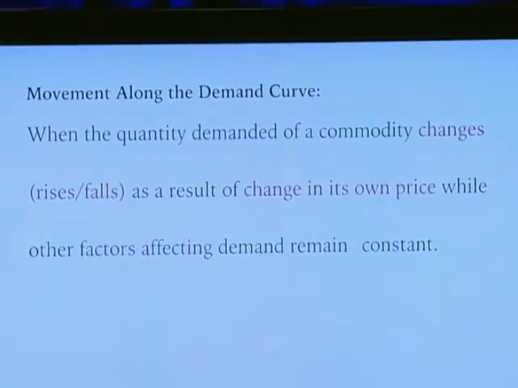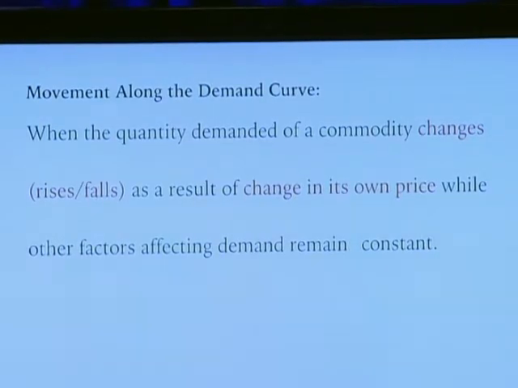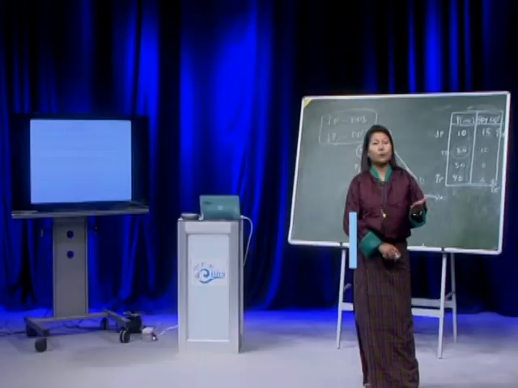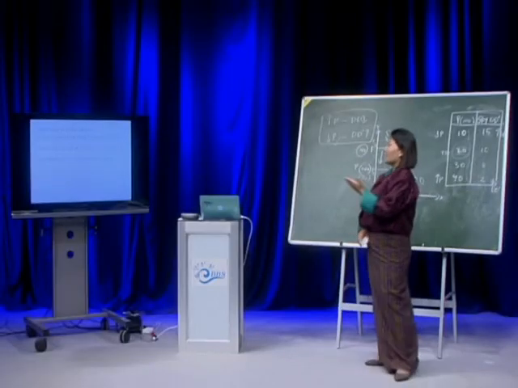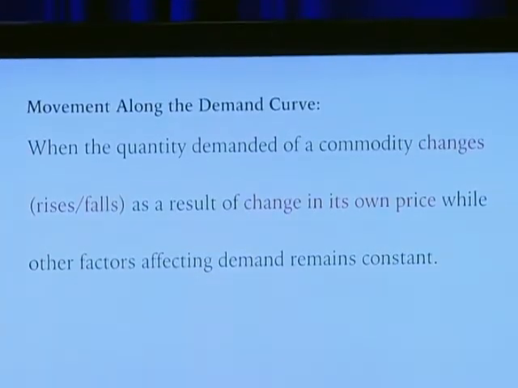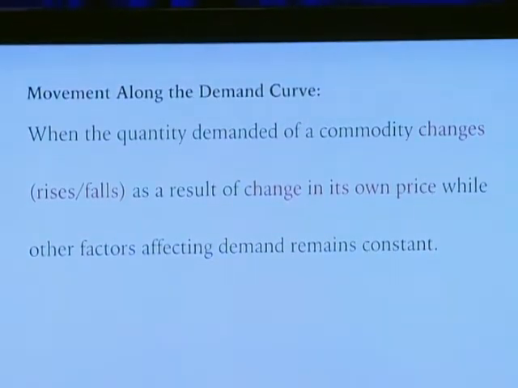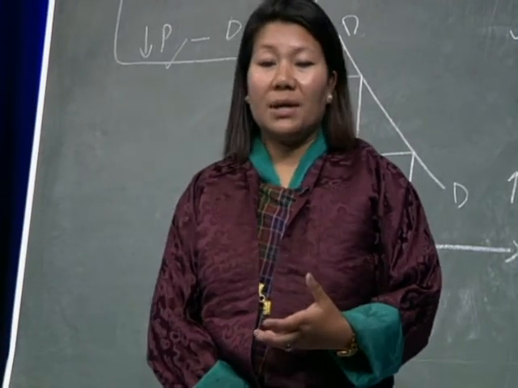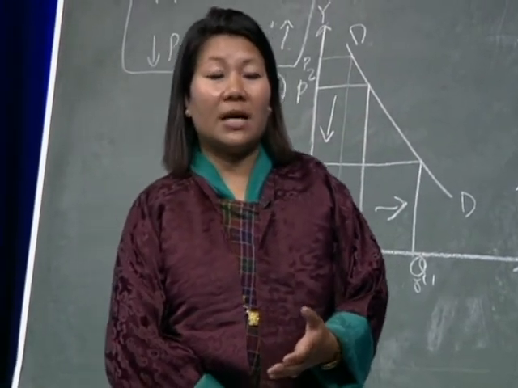When the quantity demanded of a commodity changes, that is, either demand is going to increase or it's going to decrease, it rises or falls as a result of a change in its own price, while other factors affecting demand remain constant. We know that there are many other factors that will affect demand other than price.